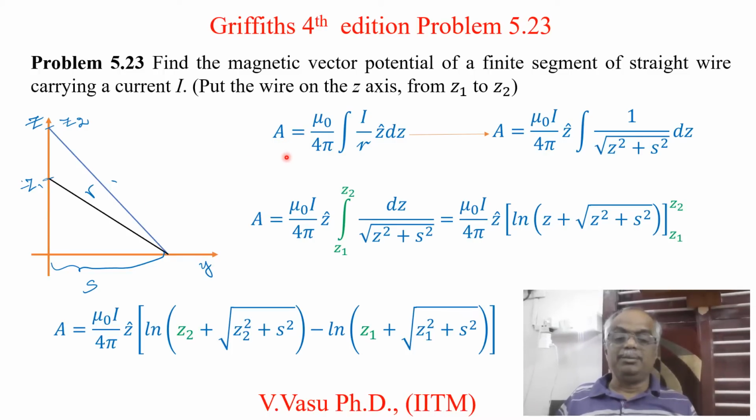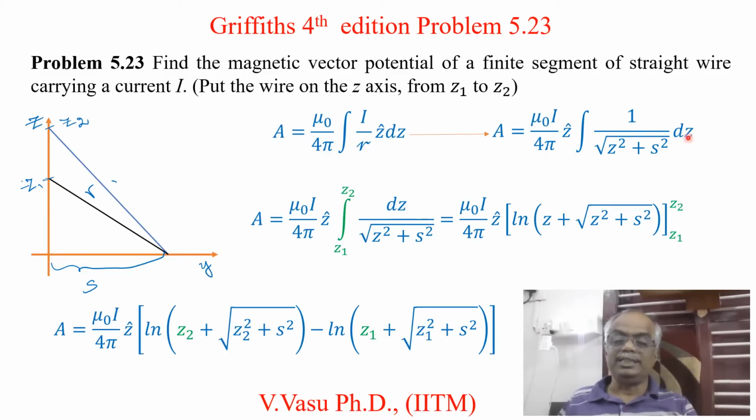The magnetic vector potential is defined as mu naught over 4 pi, integral of 1 over script R, I z hat dz. So this script R can be written as the square root of z squared plus s squared, dz, along the z direction z hat.